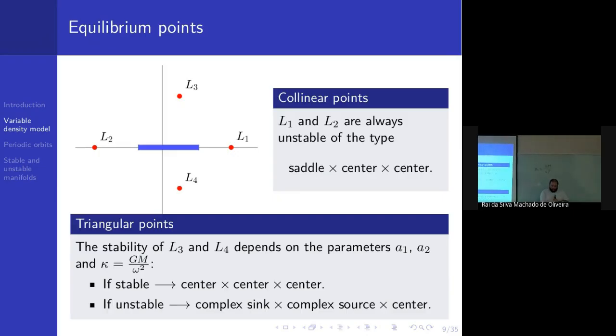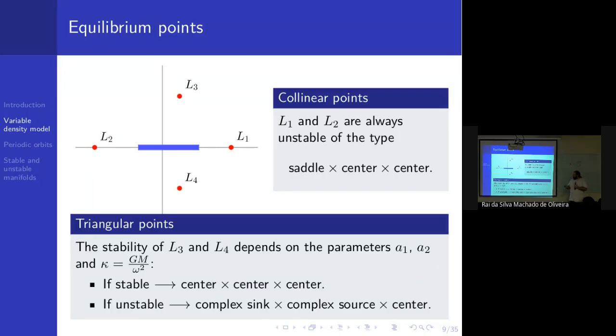This quantity also affects the stability of the triangular equilibrium points. If they are stable, of course, they are centers. But when they are unstable, they are a complex sink and a complex source. So around these equilibrium points, when they are unstable, orbits behave like a spiral. We will see that later too, right?